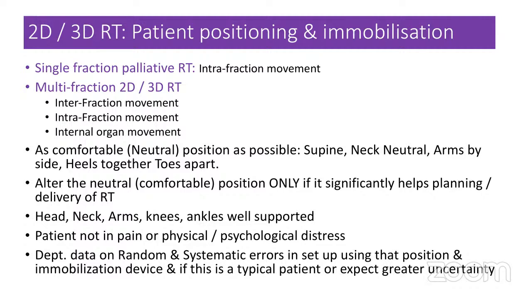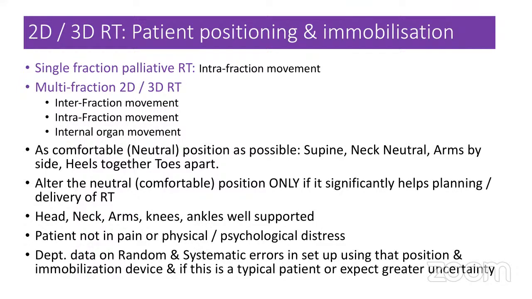Position has to be as comfortable as possible. And why do I say as comfortable? Because the patient is less likely to move, which is supine, neck neutral, arms by the side, heels together, toes apart. And this neutral, comfortable position should be changed only if it significantly helps planning or delivery. If the neck or the head, you have to hyperflex or flex it more, sometimes just to keep away the eye when you're treating a pituitary or a suprasellar region, sometimes it helps.